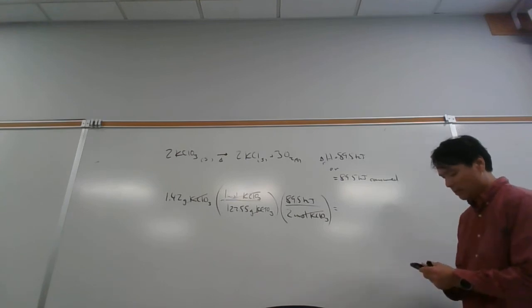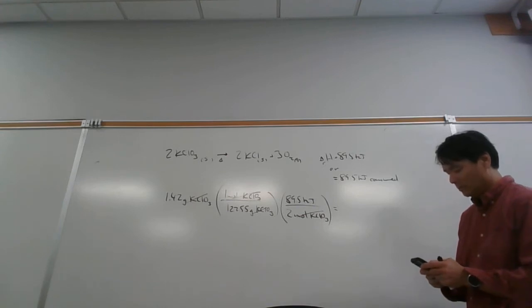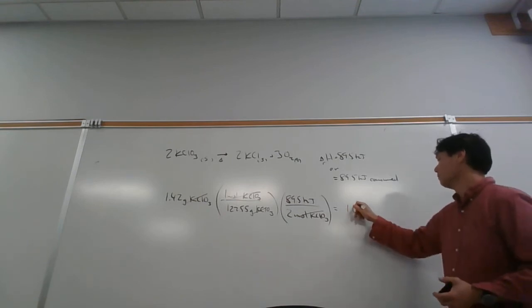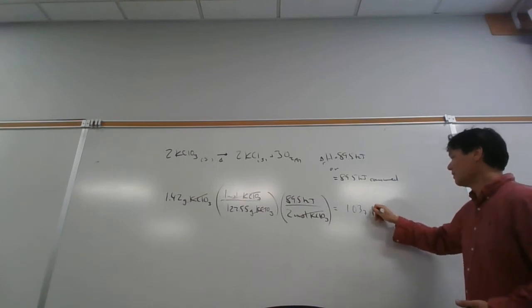And so let's go ahead and calculate this. It's going to be 1.42 divided by 122.55 times 89.5, 0.037... 1.04 kilojoules.